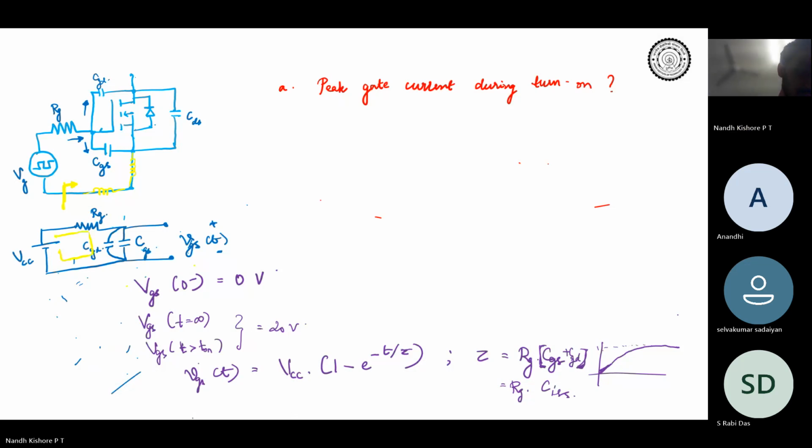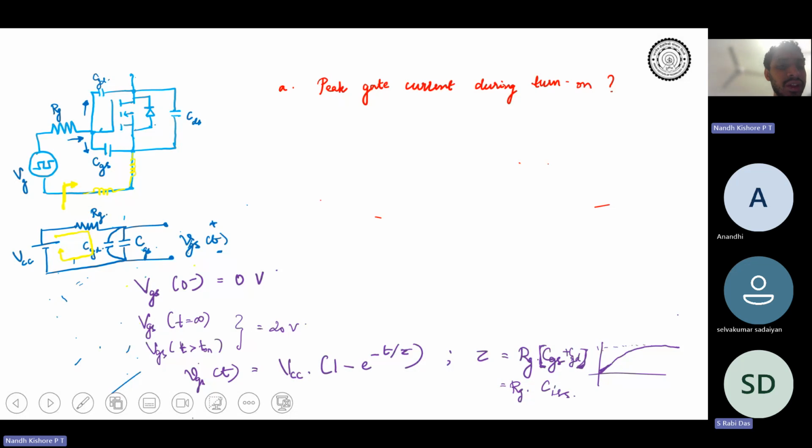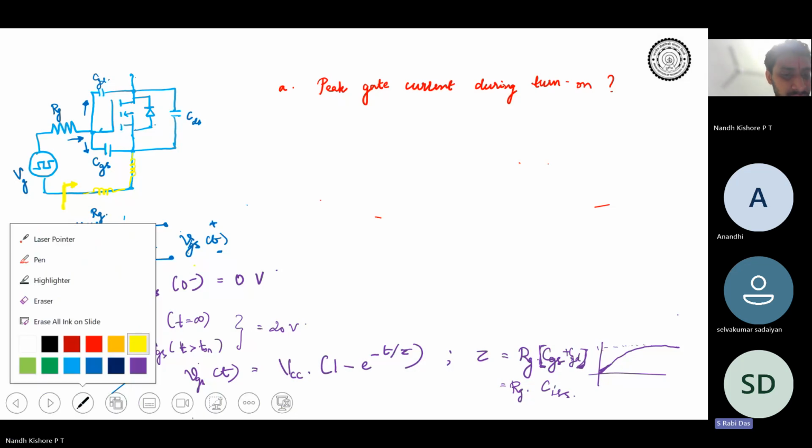1.54 amps. Not the exact value, you may be right, but we'll just derive it. The peak current is the maximum gate pulse height when it is on, so 20 volts by the external gate resistance. Correct.